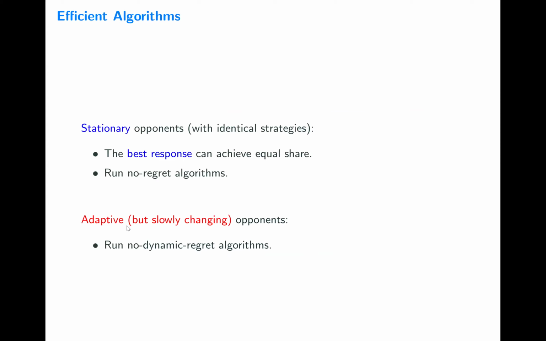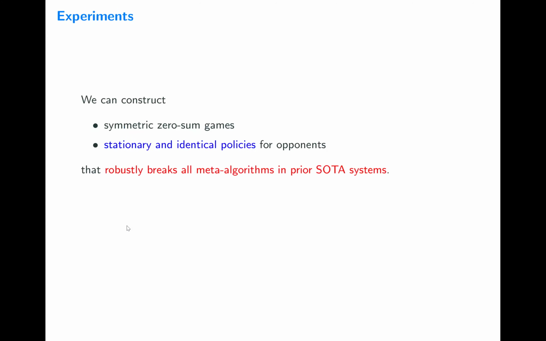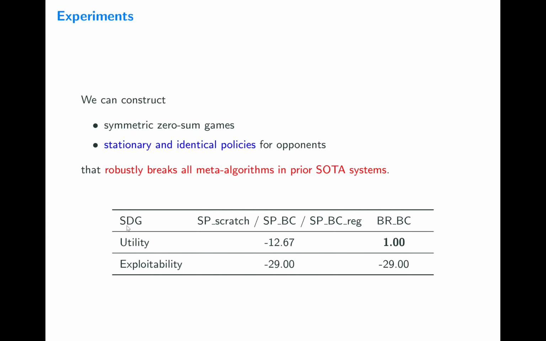I guess due to time limits, I will just quickly say that in the paper, we actually have efficient algorithms to find these solution concepts to guarantee the equal share, for both stationary opponents and adaptive opponents. And eventually, we also construct some experiments which show that a lot of prior meta algorithms, if they don't study these solution concepts and directly design the meta algorithm, are not general purpose algorithms.